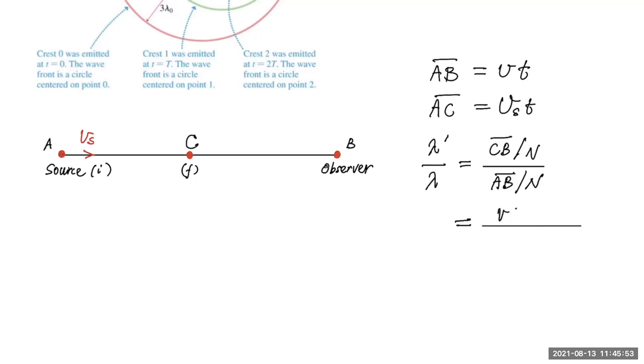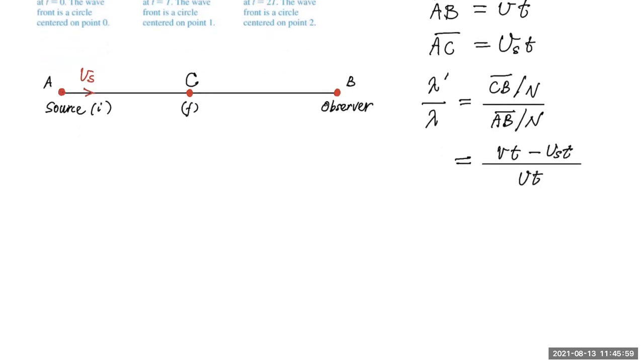So we have vt minus v source t, and we divide by AB, which is vt. You can see t cancels, so you're left with 1 minus v source over v. So lambda prime indeed is shorter than lambda, because the right-hand side is less than 1.